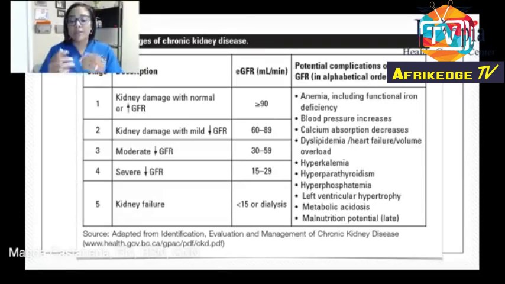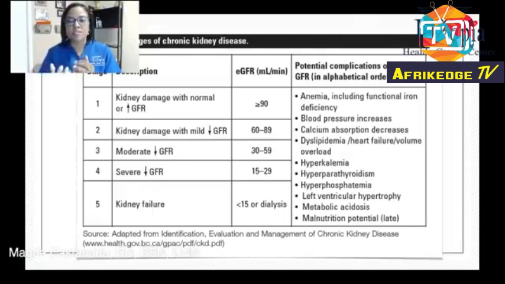On stage 2, if you look at the GFR, it is going down. Now the GFR is from 60 to 89. This means that this person is on stage 2. Stage 3, the GFR is between 30 and 59. So now symptoms are getting a little stronger here.